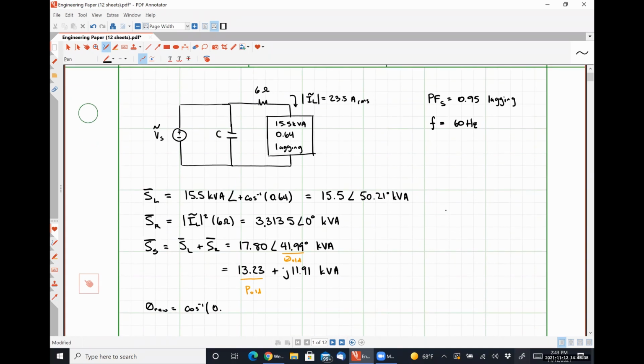It's 0.95 for me. So what's that going to be? 19.99 degrees, okay?